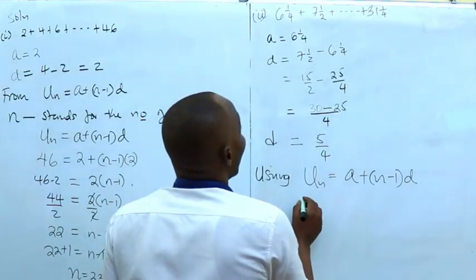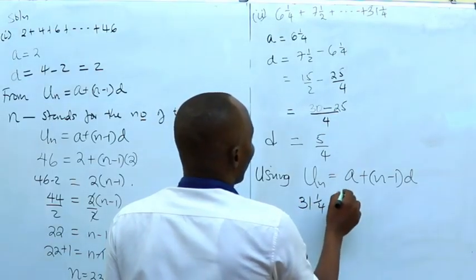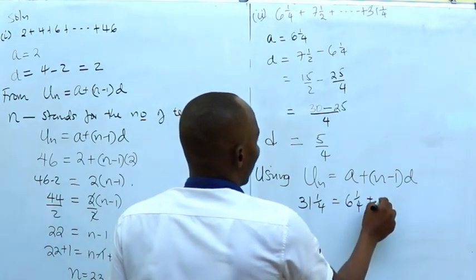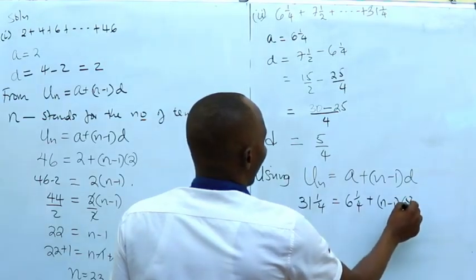So we have our last term as 31 and a quarter is equal to 6 and a quarter plus n minus 1 into 5/4.